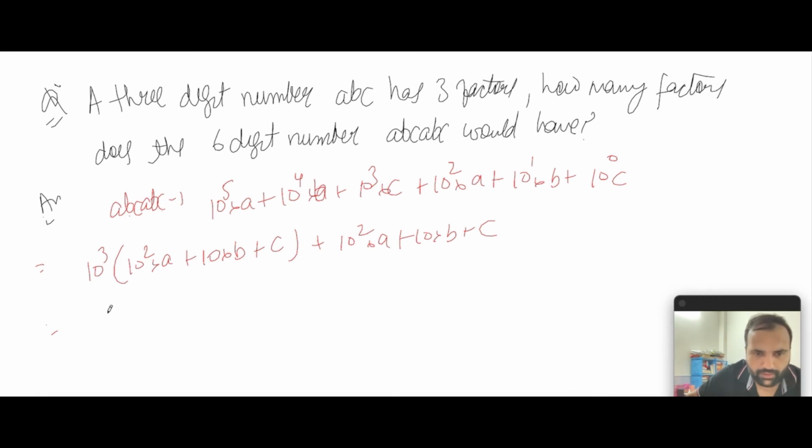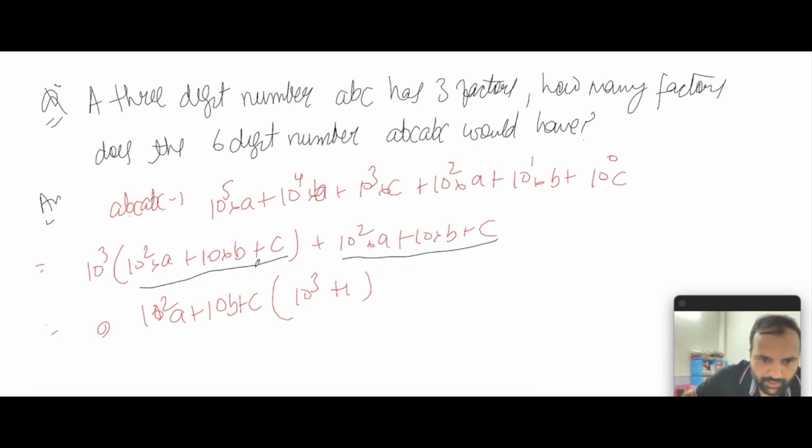So what do we get over here? What we can derive is, we can take this part as common.